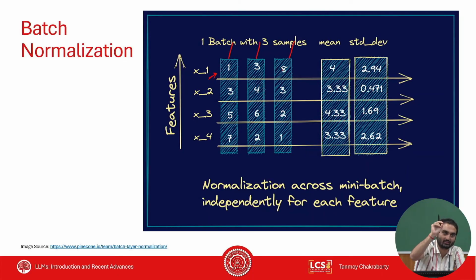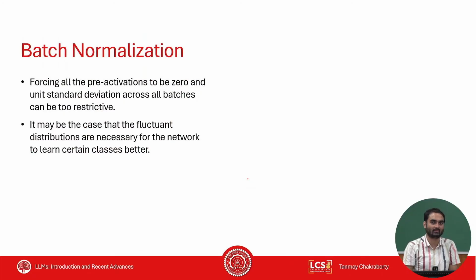You look at the first element of every vector, and then you do the standardization, meaning you calculate the mean and standard deviation. Let's say the mean is 4 and the standard deviation is this one. Then you subtract the mean from each of these elements and divide this by the standard deviation.